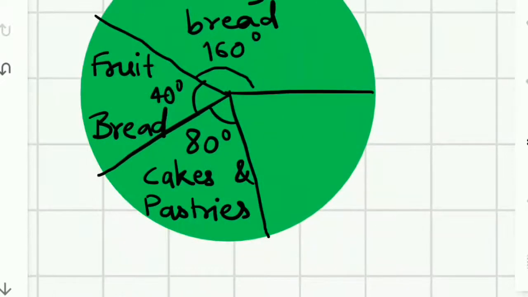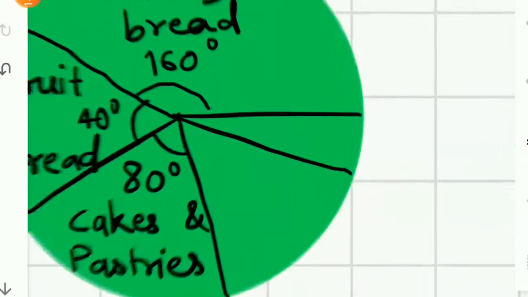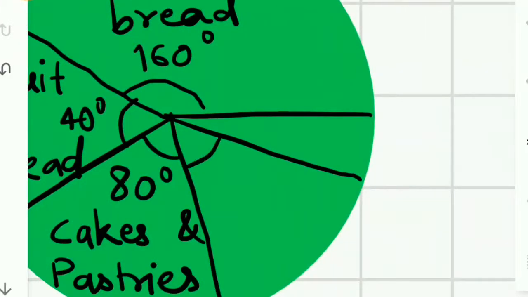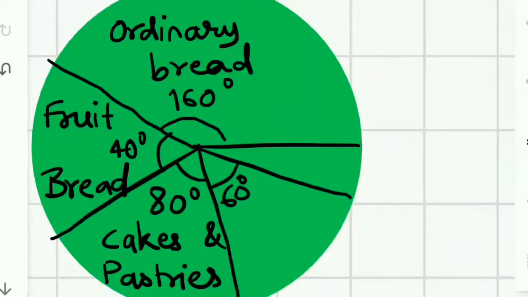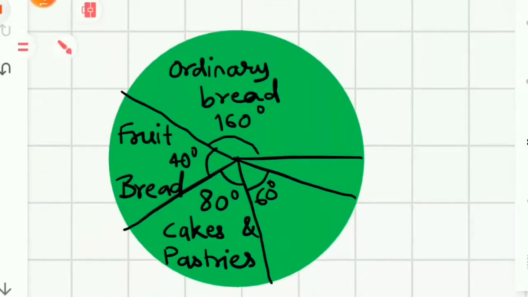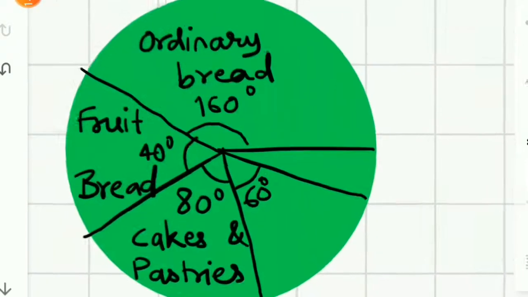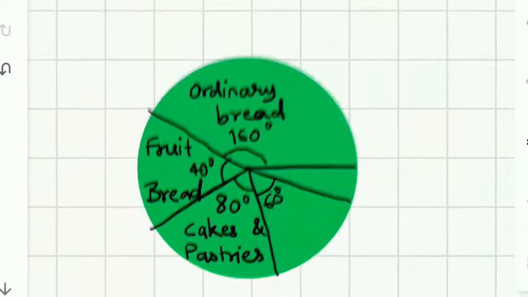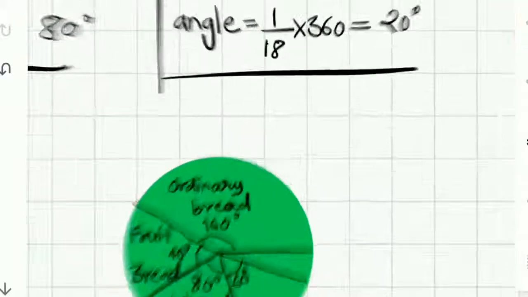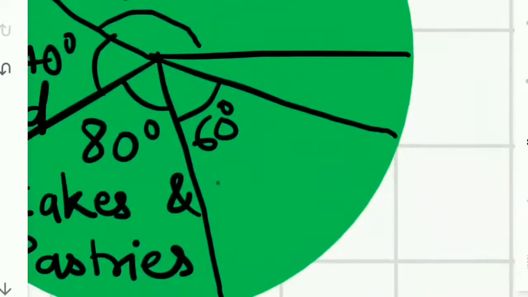Now we draw a 60 degree angle. This is 60 degrees. Again, you are using a protractor, so your angle will be perfect. I am doing all this by estimation, so it's going to be something like this only. So 60 degrees is for biscuits.